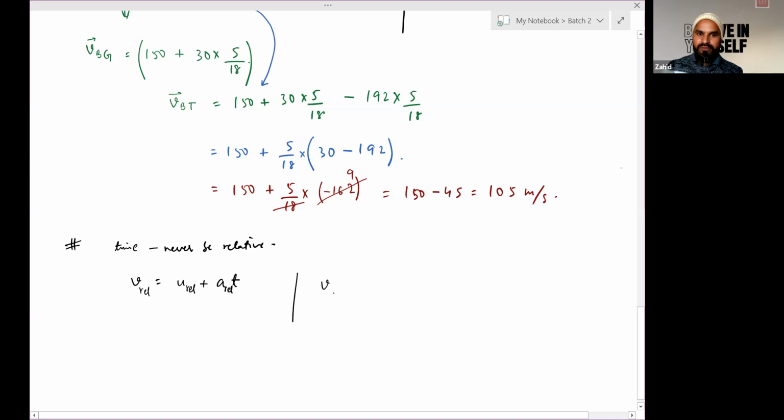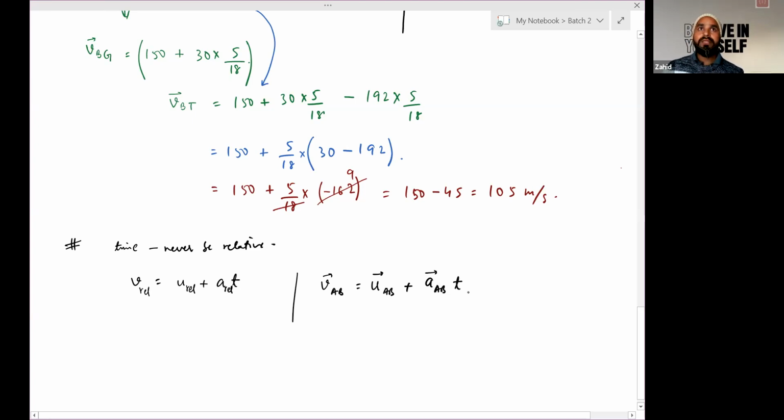Suppose velocity of A with respect to B will be equal to initial velocity of A with respect to B, and acceleration would also be with respect to A and B. But time is independent of this relation, or you'll say time can never be relative.